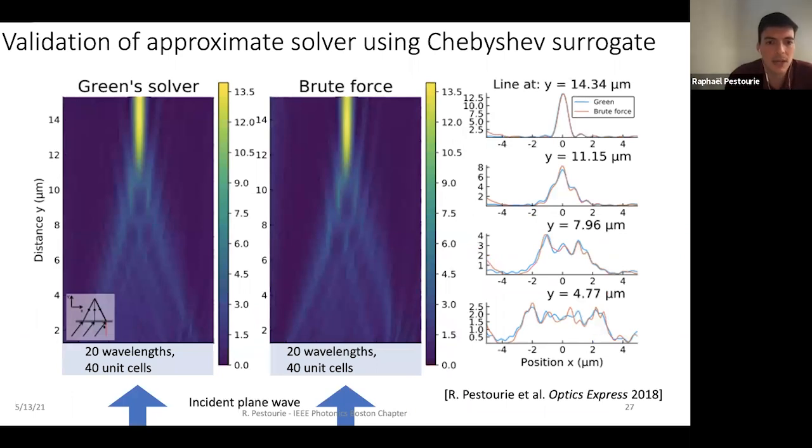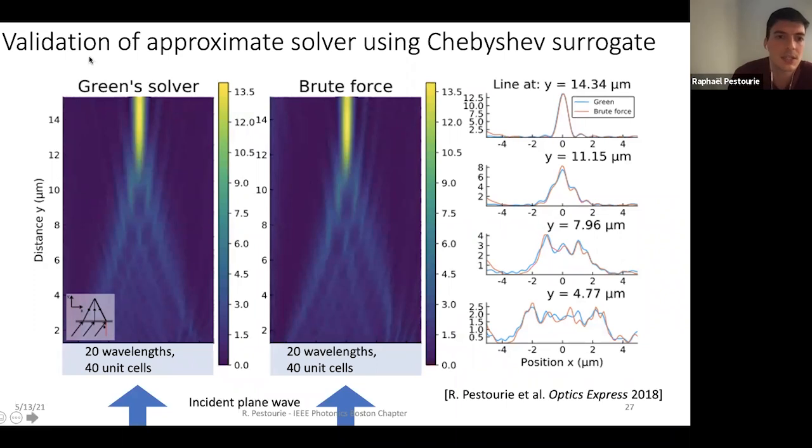Now that we have this hybrid solver in hand, we can compare it to brute force. We're making a big assumption that we can evaluate the field by assuming periodic boundary conditions, and that's actually not true, because sometimes the features change, but it's still doing pretty well.